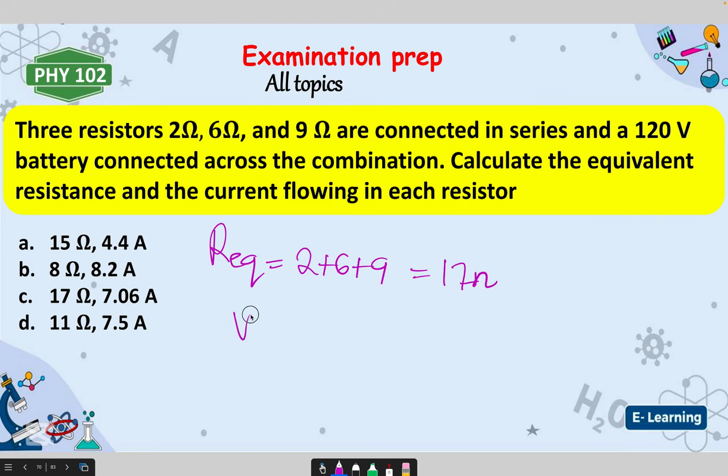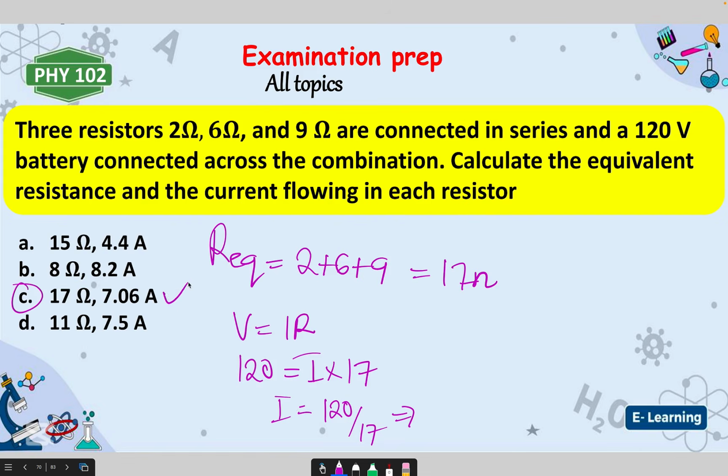And the current: V equals IR. V is 120, I is unknown, R is 17. So I will be 120 over 17, which gives 7.06 ampere. So the correct answer is 17 ohm, 7.06 ampere.